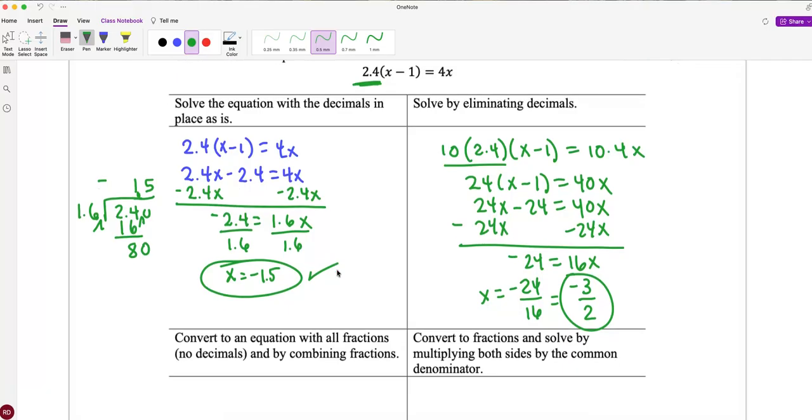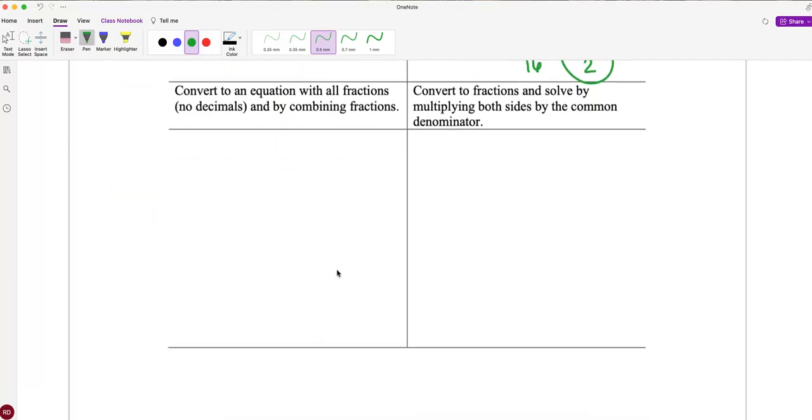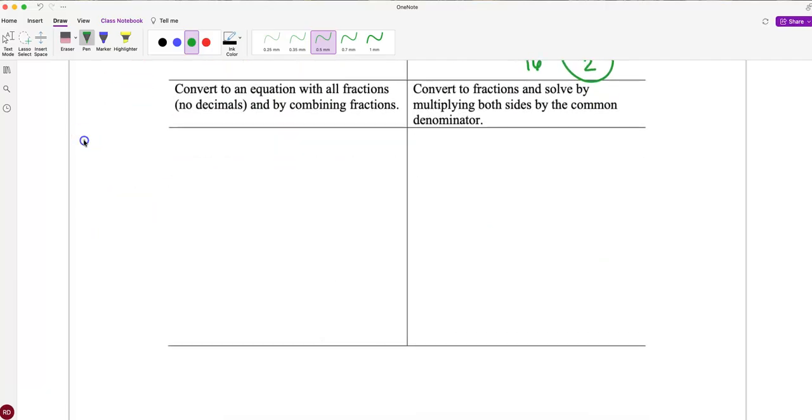Now let's convert this to an equation with all fractions and work with fractions for the entire problem. So that 2.4 is 2 4/10, or 2 2/5, or what, 12/5.